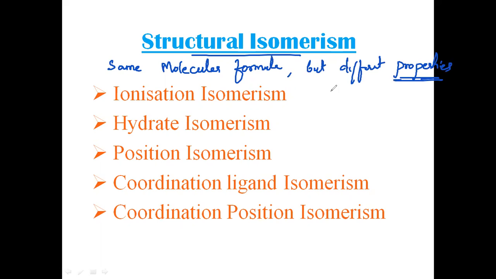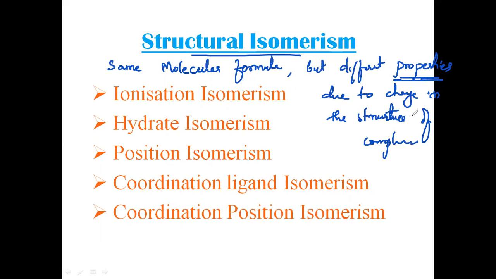These properties are different due to a change in the structure of the complex. Hence it is called structural isomerism. That means if there are two complexes, both are structural isomers: both have the same molecular formula, but differ in their structure.